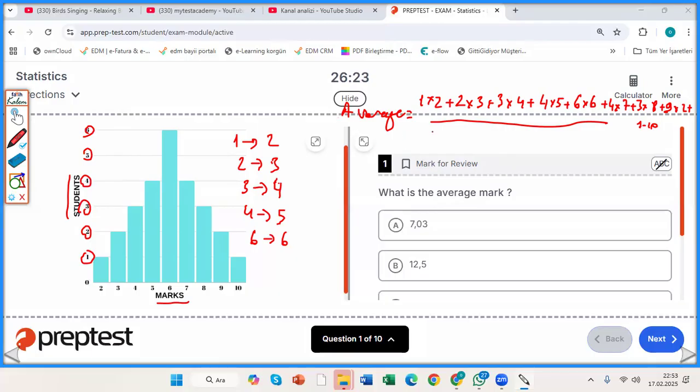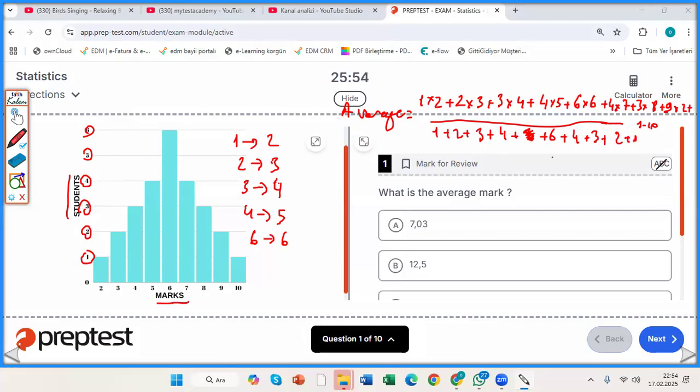So here, 1 plus 2 plus 3 plus 4 plus 5 plus 6, and then again plus 4, and 3 plus 2 plus 1.